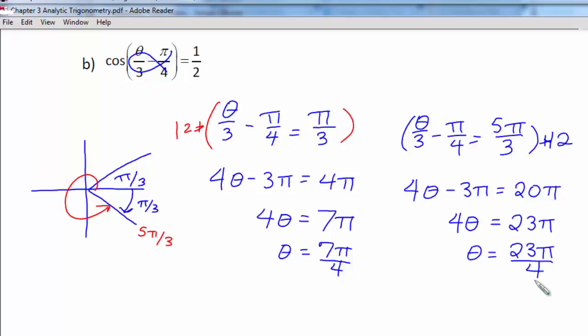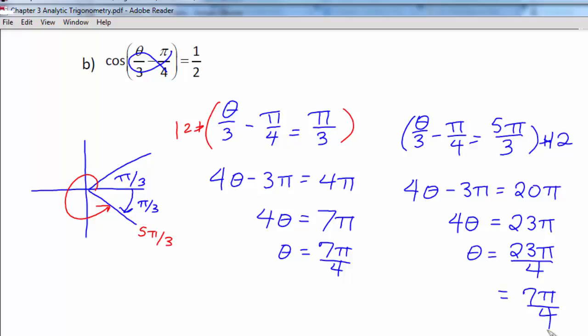We're not in degrees, so subtract off what? Multiples of 8 pi over 4. We need to subtract off 2 pi. So I think I can do it 2 times. I'm going to subtract off 16 pi over 4. That's 2 full revolutions, right? And so that's going to leave me with the same answer, 7 pi over 4.